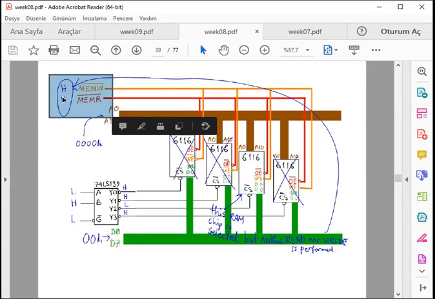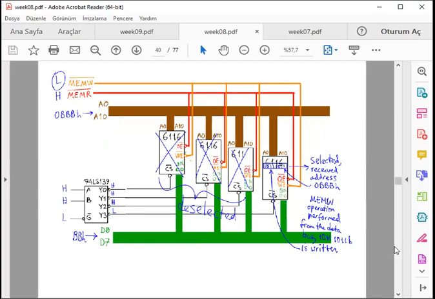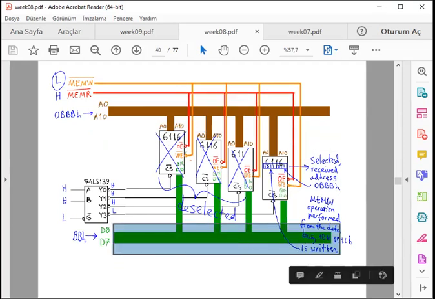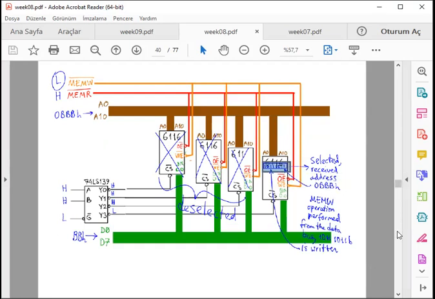If both of them are high, nothing happens to the RAM. Neither reading nor writing occurs, it only waits at a certain moment. If we set memory write low, then we can write to this RAM at a certain moment and to the address which is in the address bus. So the information in the data bus is written into that specific part of the RAM or memory bank.